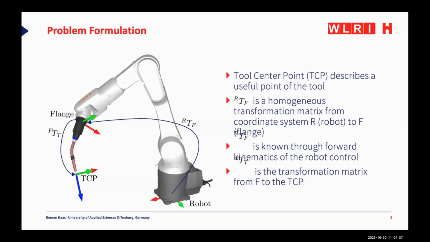And so we're talking about homogeneous transformation matrices, for example between the robot flange and the base.